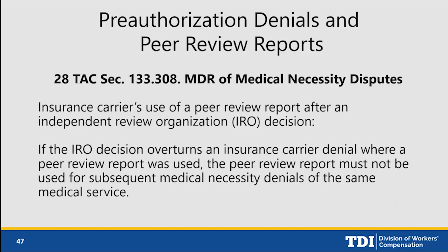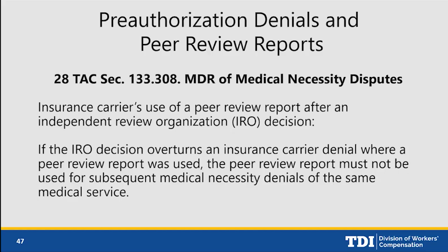A little bit more information about peer review reports on a denial can be found in 133.308, medical dispute resolution of medical necessity disputes. If your pre-authorization request is denied using a peer review report and you pursue dispute resolution, go all the way to an independent review organization, and then that IRO overturns the denial based on the peer review report, that peer review report must not be used for subsequent medical necessity denials for that same medical service.